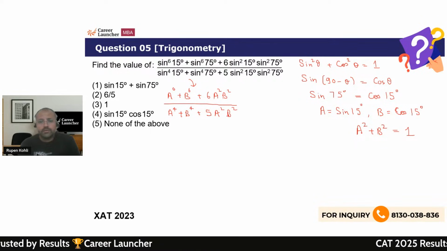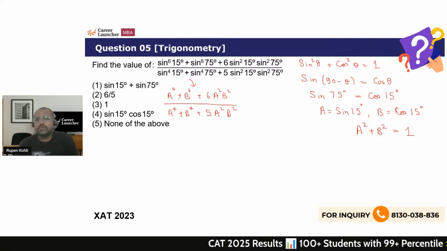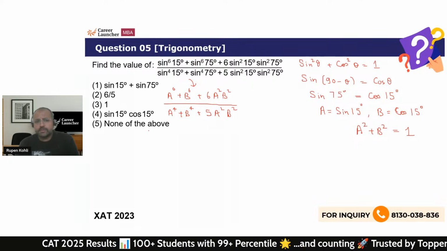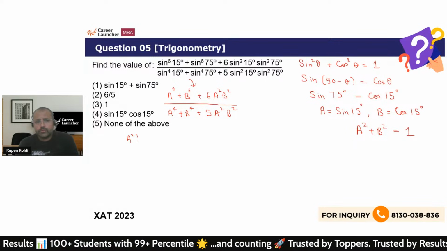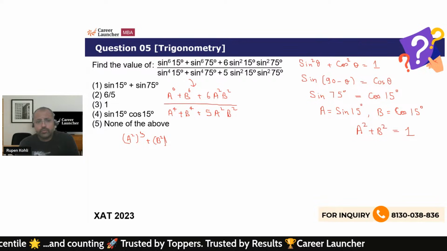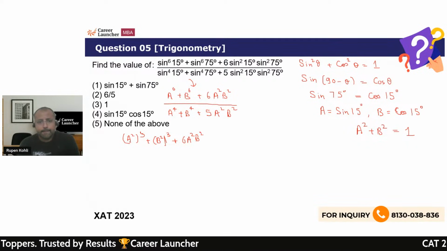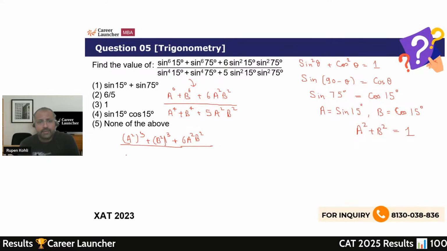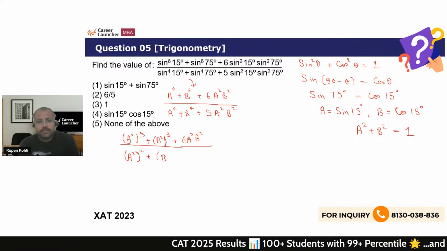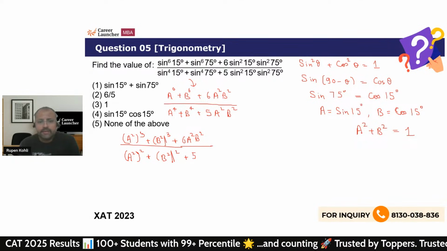So therefore, now we can do some algebraic work on A raised to 6 plus B raised to 6. Can we write A raised to 6 plus B raised to 6 in this way? It is A square cube plus B square cube plus 6A square B square. And this A4 plus B4 is A square square plus B square square plus 5A square B square.